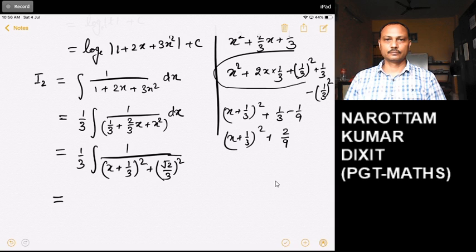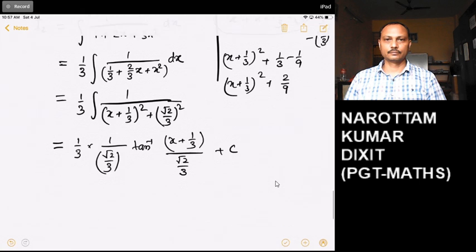So it is of the form 1 upon x square plus a square, and we can use the formula 1 upon a tan inverse x upon a. The value of a is root 2 upon 3 here, and x is x plus 1 upon 3, plus constant of integration, that is c.